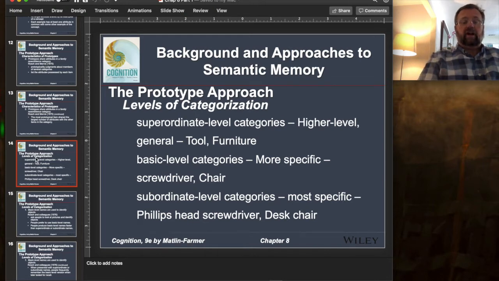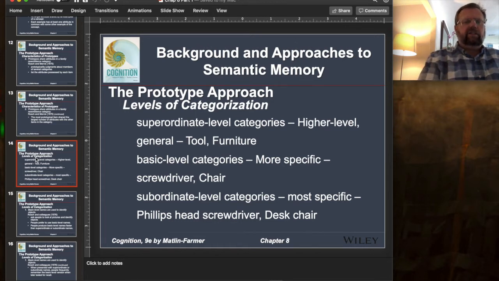So a screwdriver is a type of tool, but we have more of a visual image in mind when we think about a screwdriver. And a chair is a type of furniture, so it's a part of that superordinate category. But here again, we can often have more of a visual image in mind, and it's something a little bit more specific when we think of something like a chair.